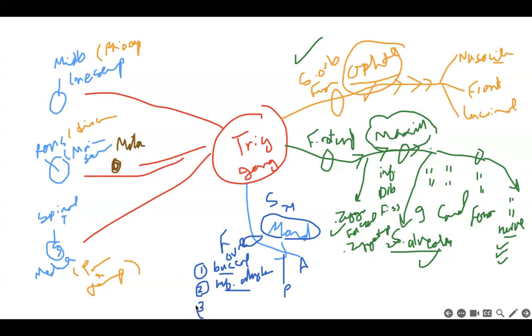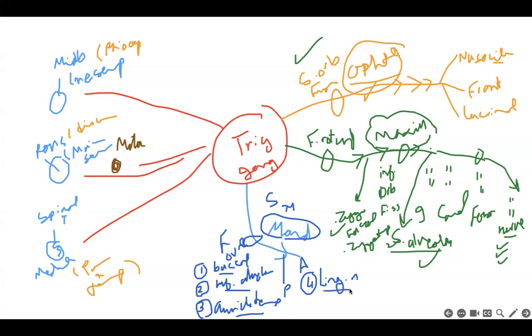Number three, it gives the skin of the auricle and temporal, so it is named auriculotemporal. Number four, it supplies the tongue. Very important. This nerve supplies the anterior two-thirds of the tongue for general sensation through the very famous lingual nerve.